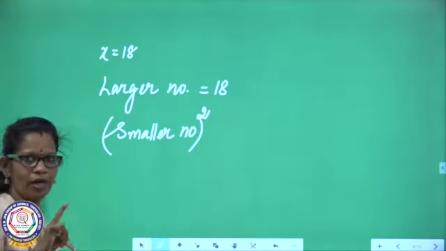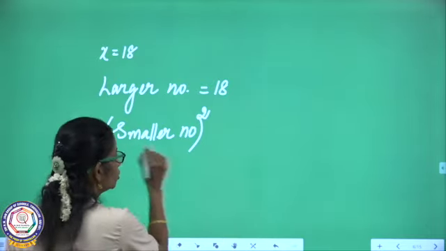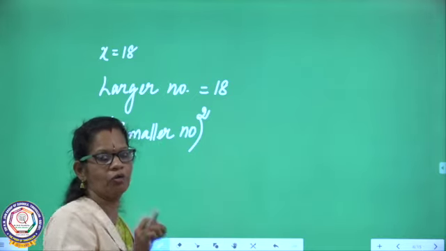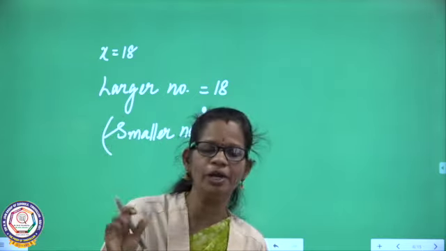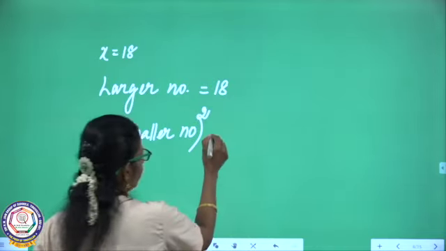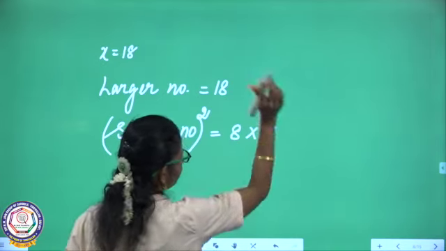Smaller number square equal to 8 times the larger number. So you have to bring that to your mind. You don't write smaller number equal to 8 into 18. It won't be. It is the smaller number square only. So smaller number square equal to 8 into 18.